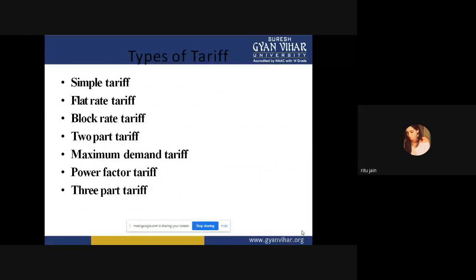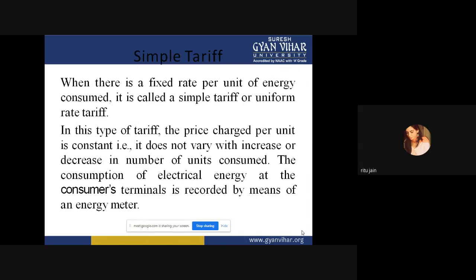First we will understand what a simple tariff and a flat rate tariff are. Let's discuss the simple tariff. There is a fixed rate per unit of energy consumed, so the energy you are consuming is almost fixed, and it can be consumed in a uniform way.